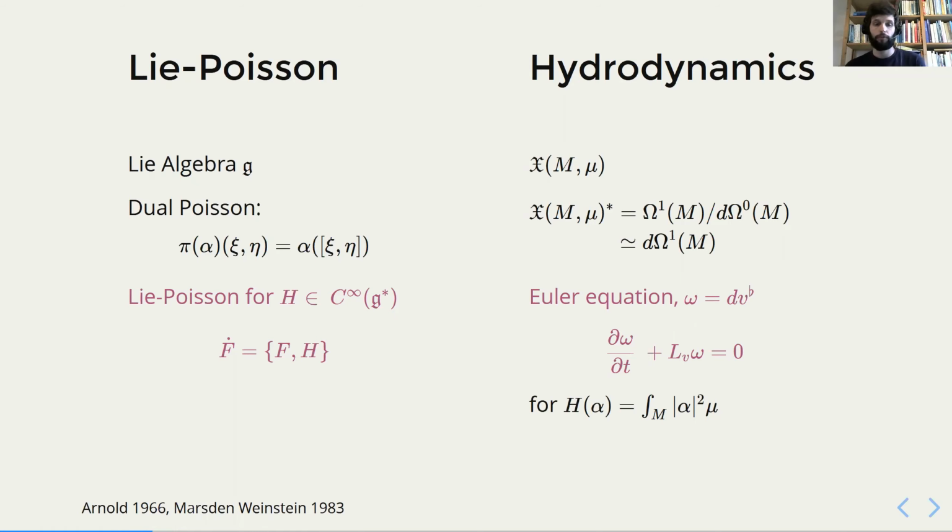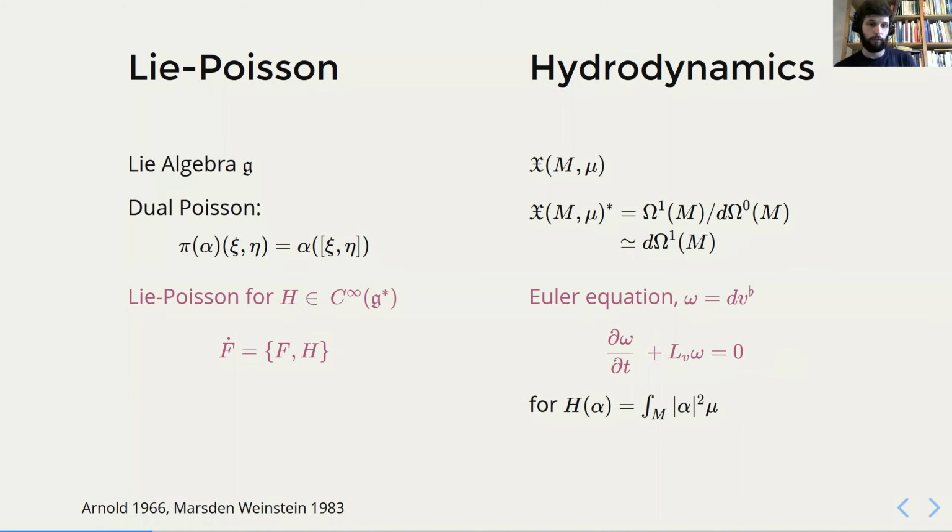So you see that just by considering the Poisson equation for this particular case, you recover the Euler equation. That's a bit similar to what Alex mentioned in his talk, that you can view the Euler equation as a geodesic equation on the Lie group of the volume preserving diffeomorphisms.